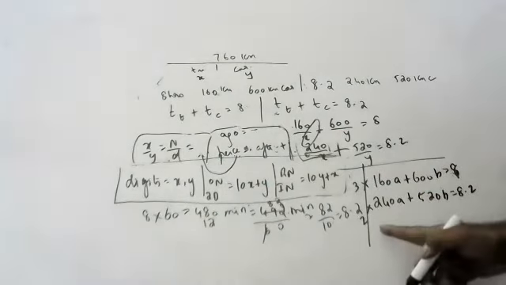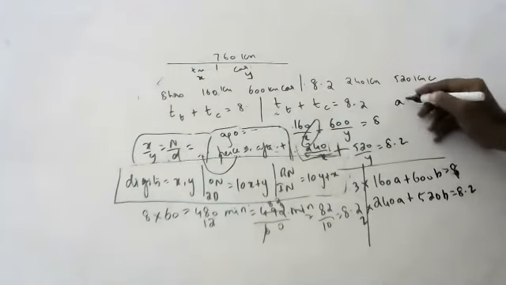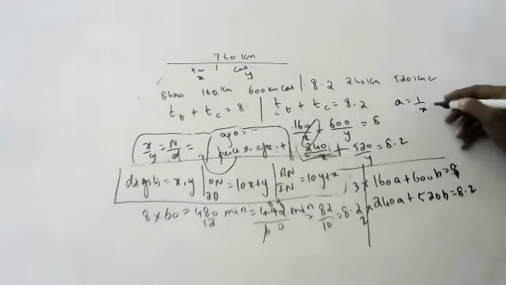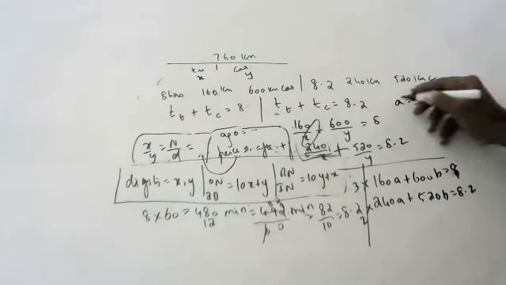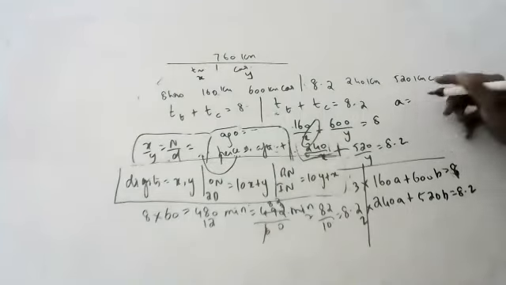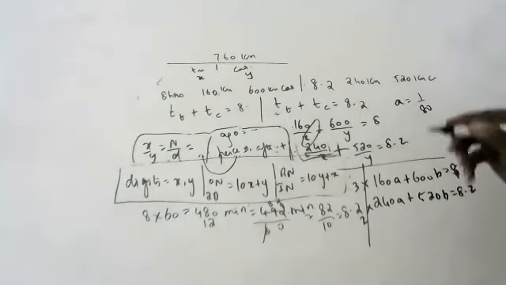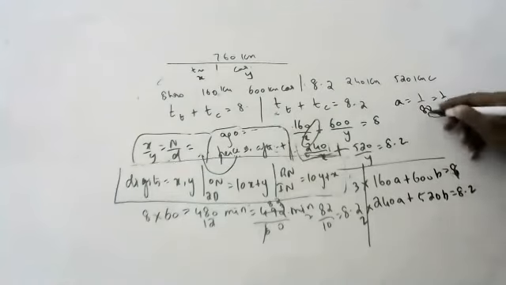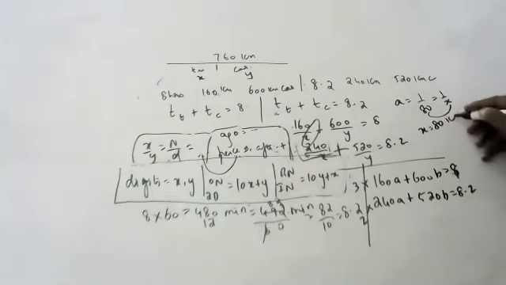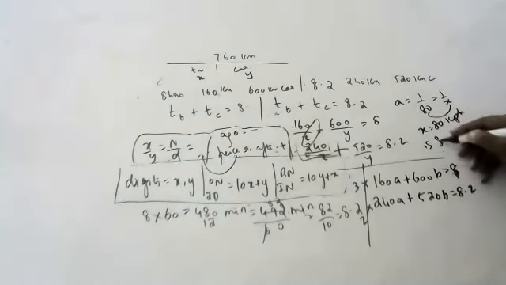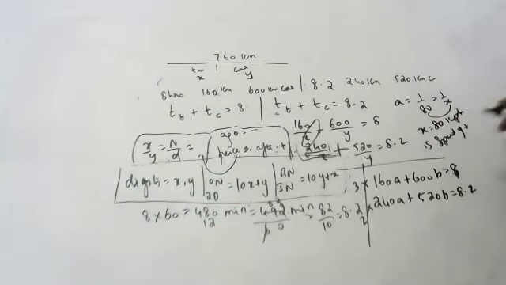At the end, if you get A means 1 by x, suppose A you are getting 1 by 80, so x is 80, so 80 kmph is the speed of train. Like that you should do, children.